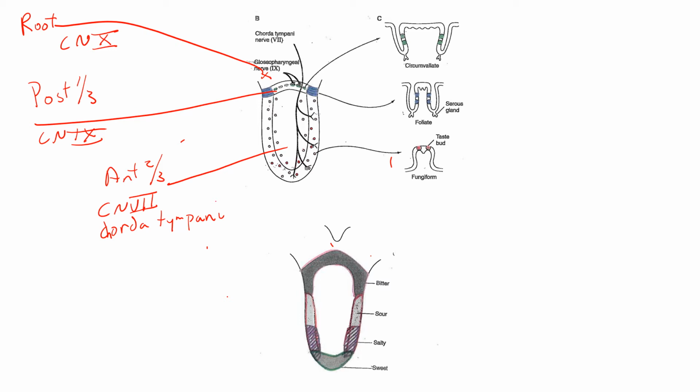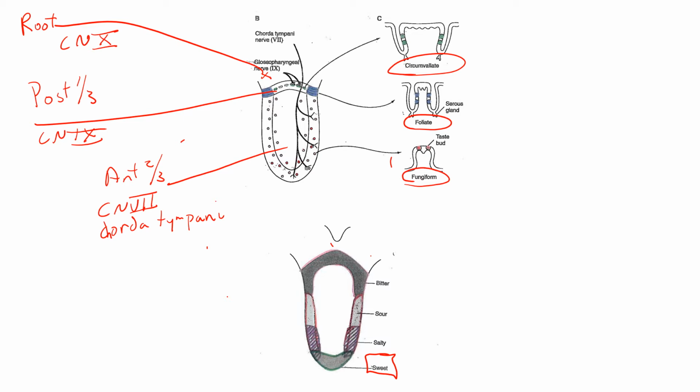You'll remember that the taste buds are going to be located in the papilla of the tongue. We're going to see that taste buds will be found in the fungiform, the foliate, and the circumvallate papilla. Although this map is an old map, and some authors no longer believe that this map is true, I'll show it to you anyway, and that is the tip of the tongue is associated with the sweet taste.